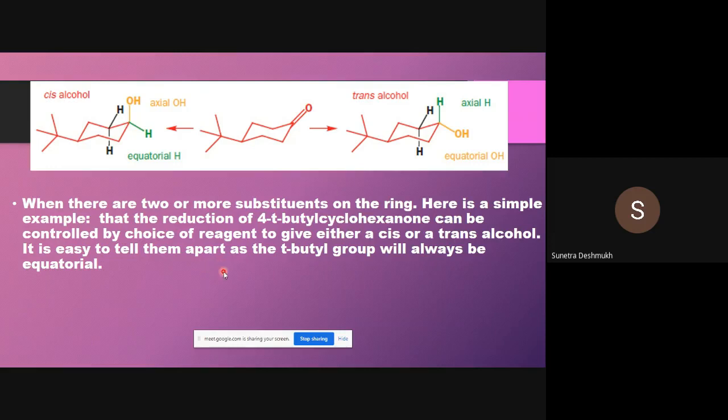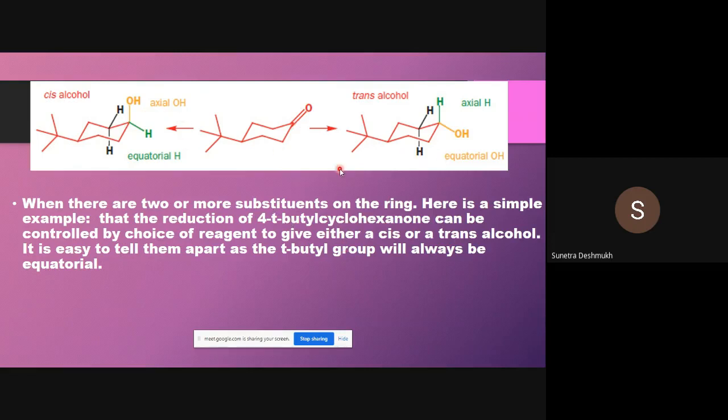It is easy to tell them apart as the tertiary butyl group will always be equatorial. We know that the tertiary butyl group is always kept at the equatorial position. It locks the cyclohexane system. So with the tertiary butyl group at the equatorial position locking the molecule, the cyclohexanone on reduction gives trans alcohol or cis alcohol.